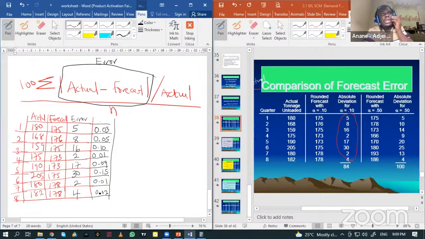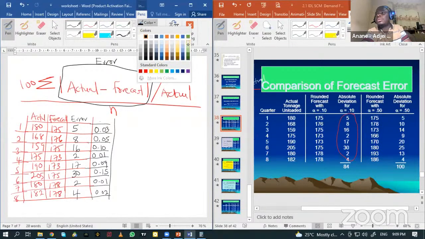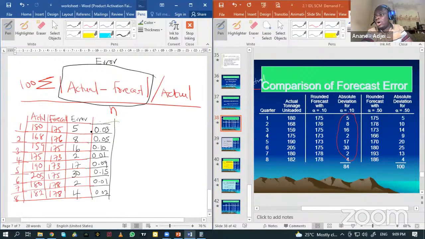Good. So now let's add all these figures together and give me the total, because the formula talks about the sum.